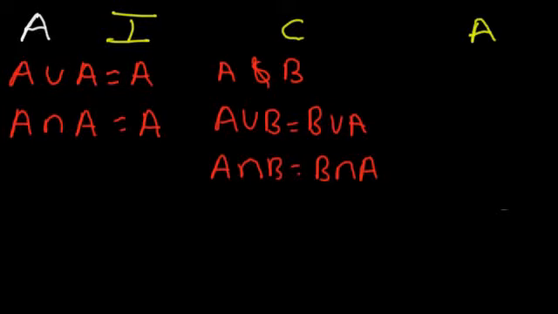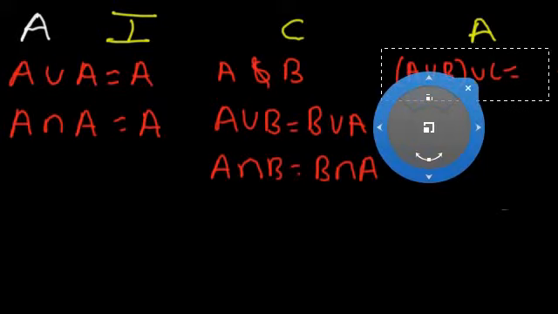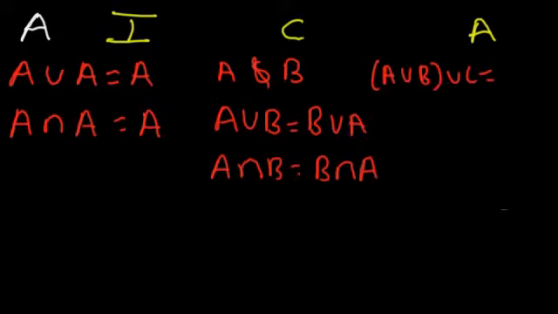So associative says that A union B union C is equal to A union B union C. That is, if you have A union B in brackets, union C, we said this is simply equal to A union B union C. Okay, so hopefully you guys can figure it out.